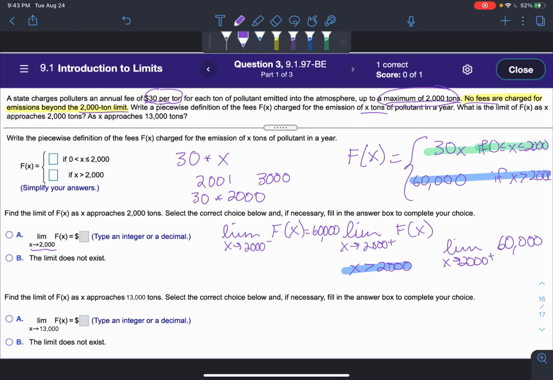Because there's no x value here to plug in, this is our limit. It's a constant function. It will always be 60,000. Okay, and so now since our left-sided limit and our right-sided limit are equal, we can say, hopefully with confidence, that our overall limit is $60,000.